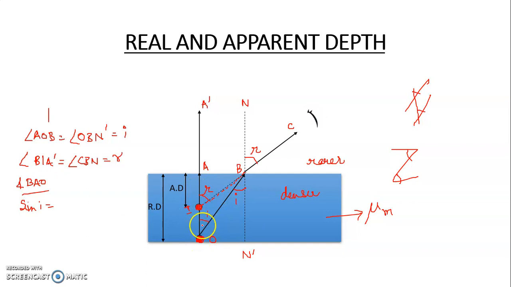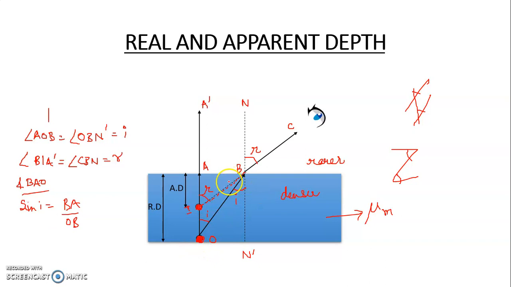We know the sin i formula, perpendicular by hypotenuse. So the perpendicular is BA and the hypotenuse is OB. So sin i is BA by OB.